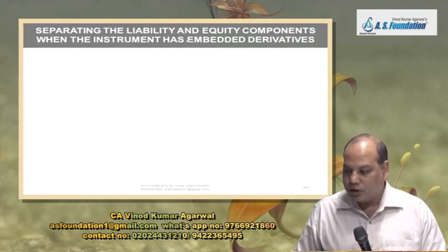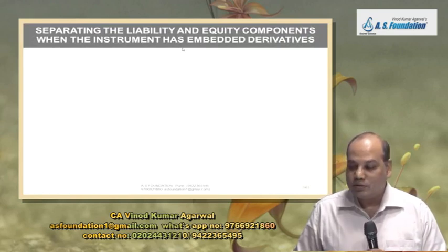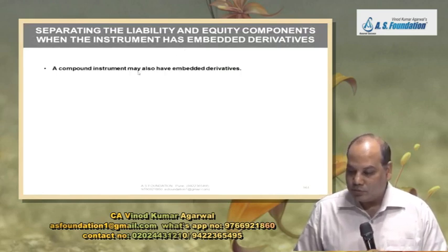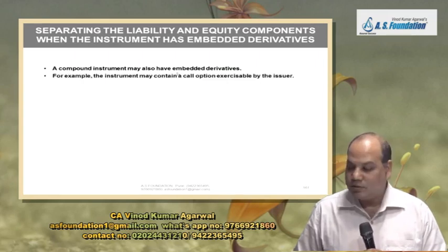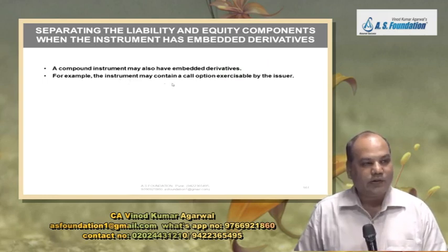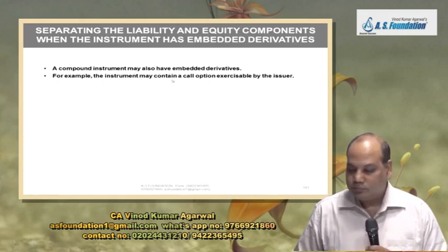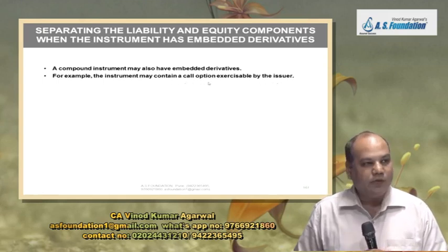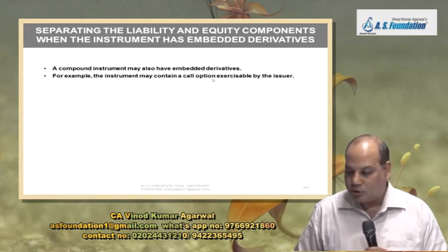So how are we going to tackle the problem where a call option is also embedded in the convertible bond? A compound instrument may also have embedded derivative like call option. For example, the instrument may contain a call option exercisable by the issuer. So issuer is having call option on the bond.